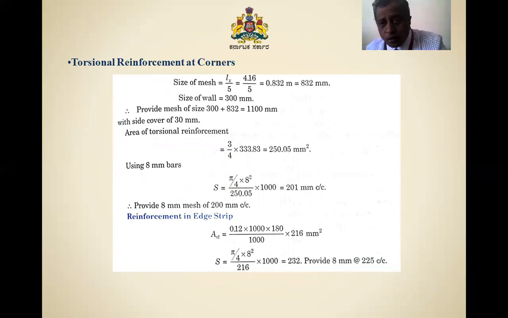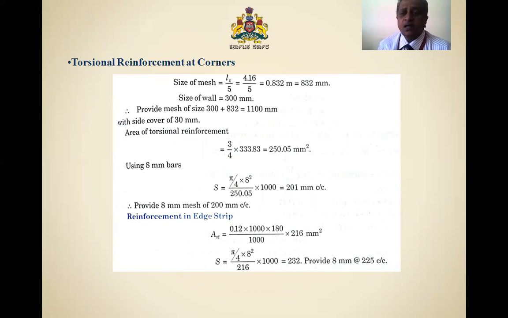Now coming to the very important point, the torsion reinforcement. In this case it is a simply supported slab, so the corners are to be held down. Because of the corner lifting that comes into the picture, due to the non-restraint of the edges, we need to go with the torsion reinforcement as per the design requirement. What is the mesh size required?